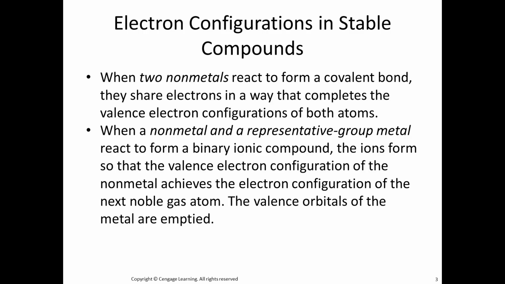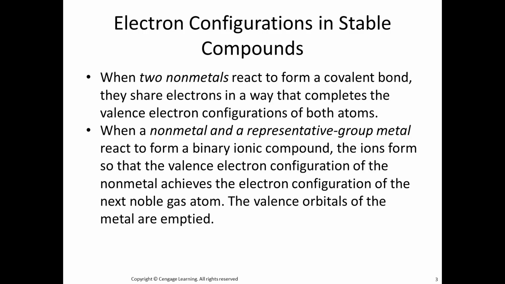When two nonmetals react to form a covalent bond, they share electrons in a way that completes the valence electron configurations of both atoms. When nonmetal and representative group metals react to form binary ionic compounds, the ions form so that the valence electron configuration of the nonmetal achieves the electron configuration of the next noble gas atom.